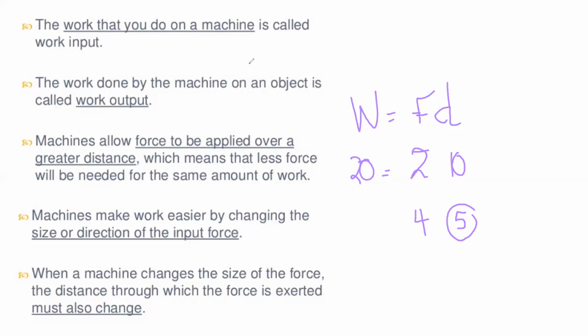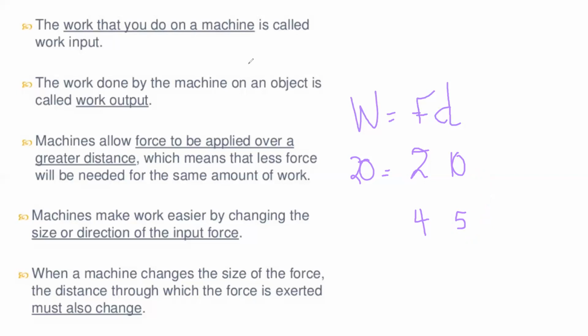If I want to do the same work with a machine, how can the machine help me? It lets me do the same work, but with a greater distance. The same work with a greater distance.